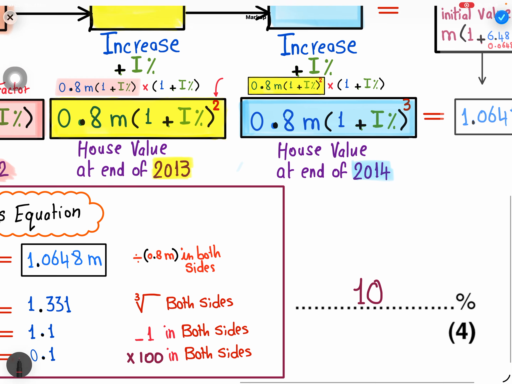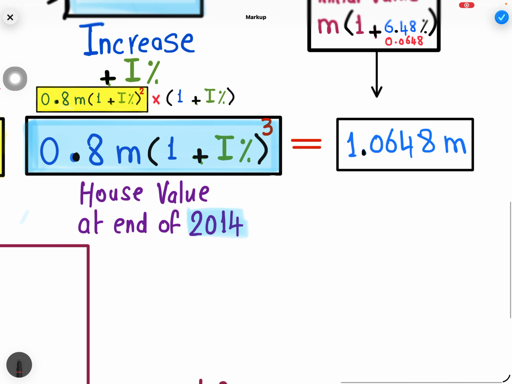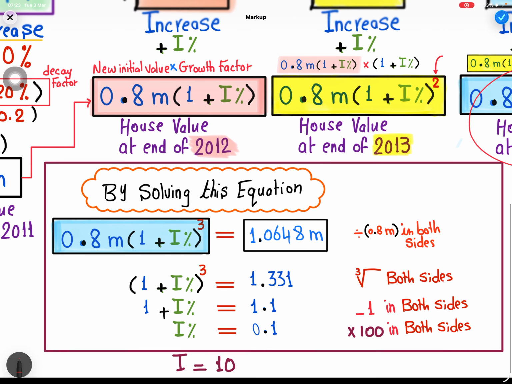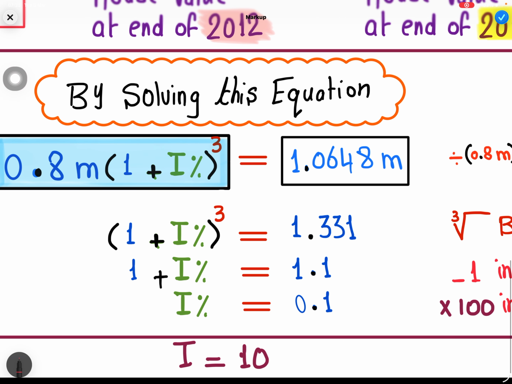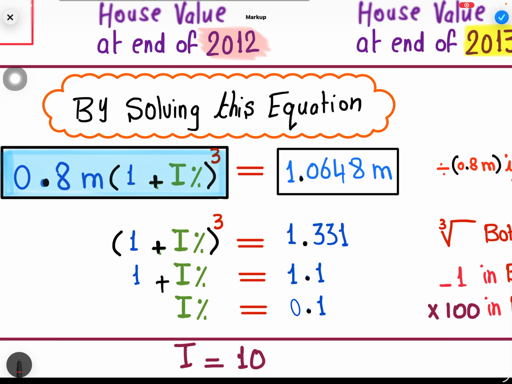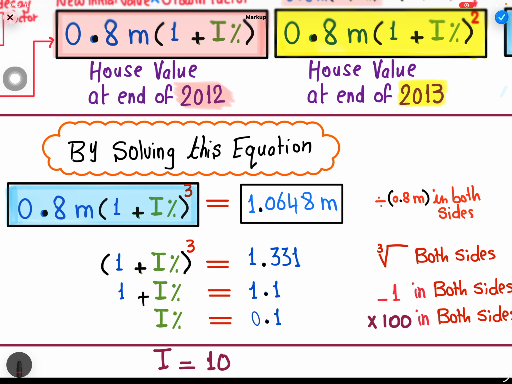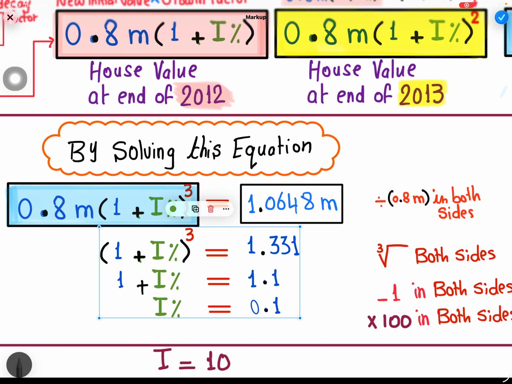We have ended with 0.8 m times (1 plus I%) close bracket power 3 equal to 1.0648 m. Now by dividing by 0.8 m on both sides, we will find that this bracket 1 plus I will be equal to the result by using your calculator.